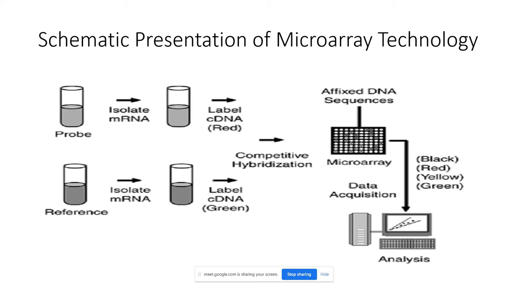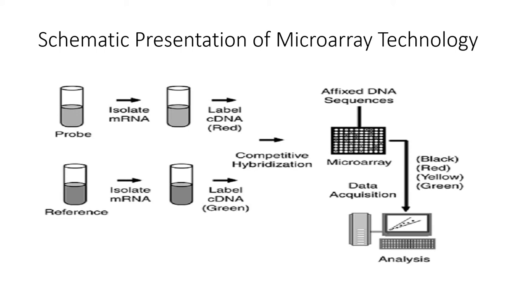Statistical analysis is performed on the computer. There are different colored spots: red, yellow, green and black. These spots are to be analyzed to make any inference.